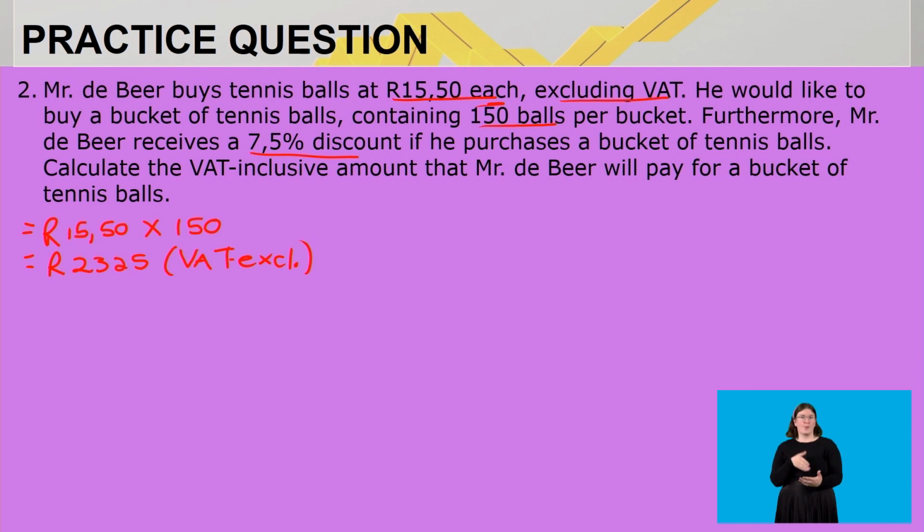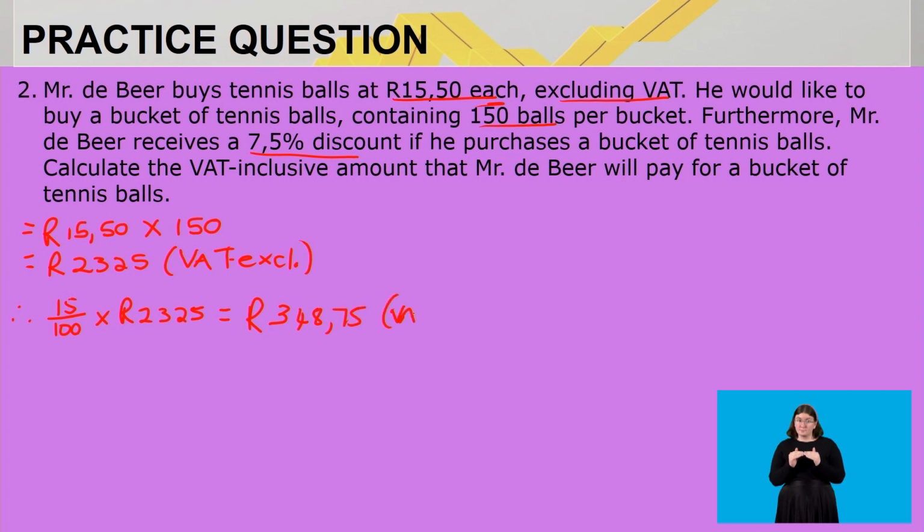So now I will say, okay, I need to pay 15% VAT on this, right? So I'll calculate what is 15% of the 2,325 Rand. So 15 over 100 multiplied by 2,325 Rand will give us a VAT amount of 348 Rand and 75 cents.